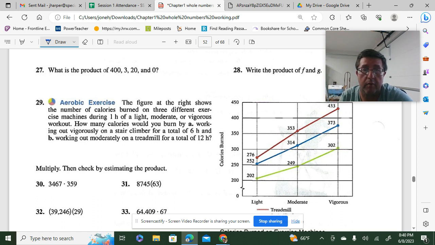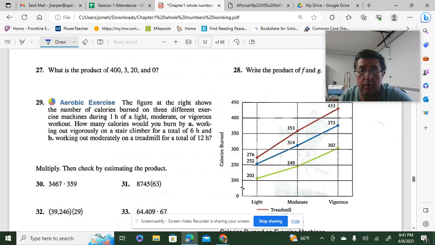How many calories would you burn by A, working out vigorously on a stair climber for a total of 6 hours, and B, working out moderately on a treadmill for a total of 12 hours?